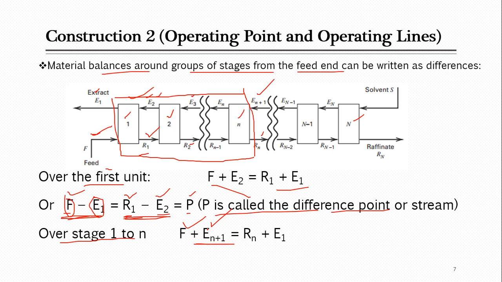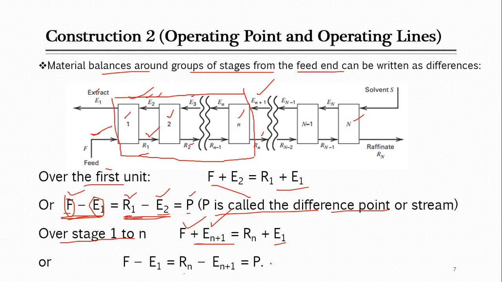So you have to write carrier rich stream, carrier is the component which is available in the feed, so carrier rich stream minus solvent rich stream. If you write it like F minus E1, this will be equal to P. As well, if you write it on the other side, it will be Rn minus En plus 1, this will be equal to P.